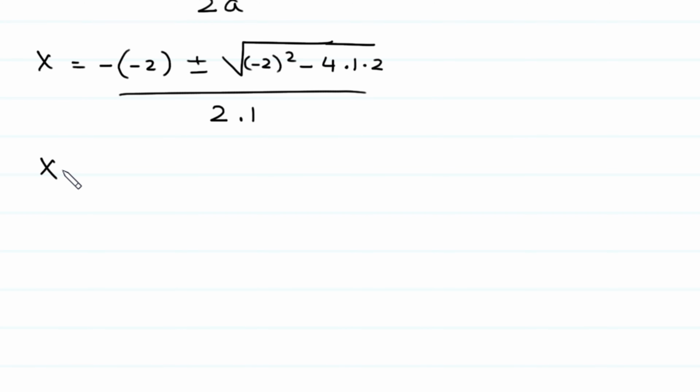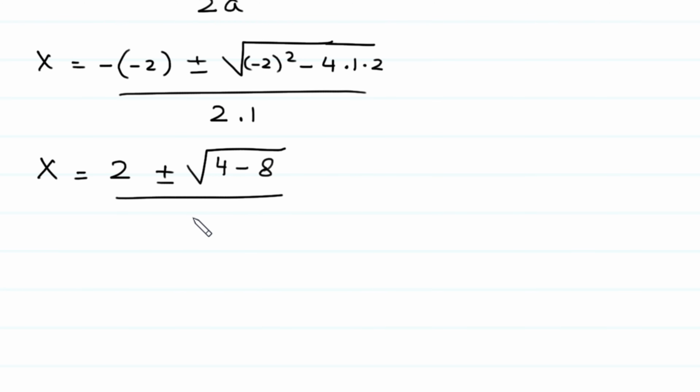Next, x is equal to minus minus 2, that is plus 2, plus minus square root of minus 2 square is positive 4, minus 4 times 1 times 2 is 8, divided by 2 times 1 is 2. Next, x is equal to 2 plus minus square root of 4 minus 8, that is minus 4, over 2.